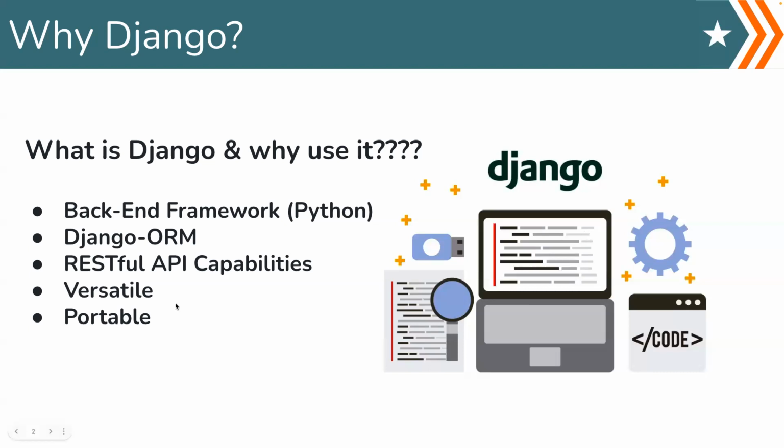Portable means that all of the dependencies that fall into Django can be easily captured inside of a Python virtual environment, and we can pass it between different machines, and everyone should be able to easily install everything inside of that Django project, pick up the project, and work together.